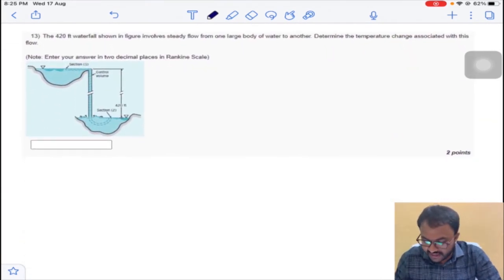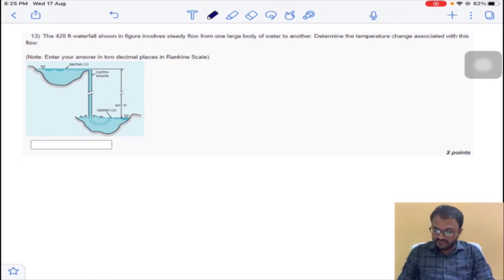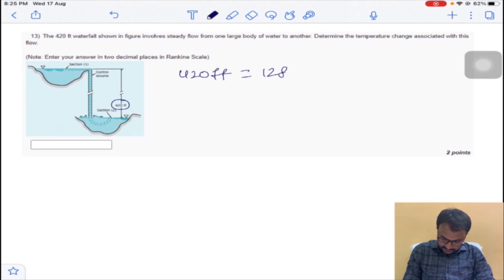A 420 feet waterfall shown in the figure involves a steady flow from one large water body to another. Determine the temperature change associated with this flow. First of all, I am converting 420 feet into meters, which is 128.016 meters.